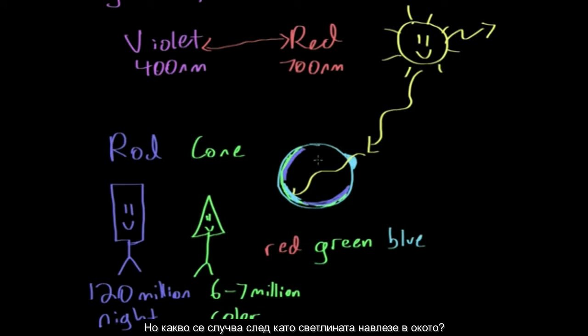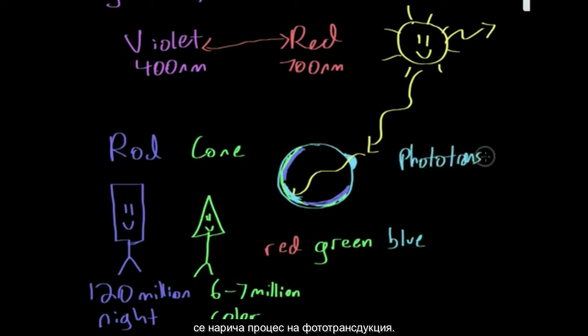So what happens now that the light enters the eye, enters the retina, and hits the back of the eye? The next thing that happens is something called the phototransduction cascade.